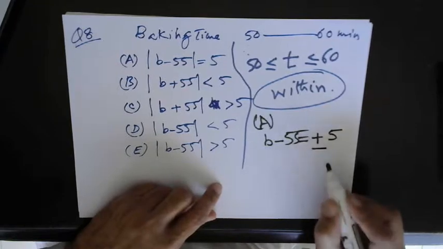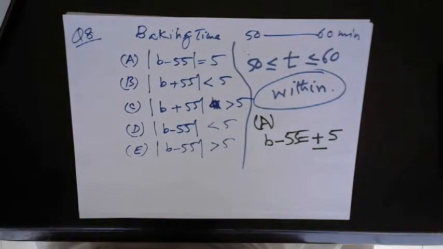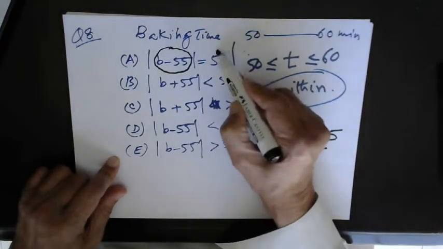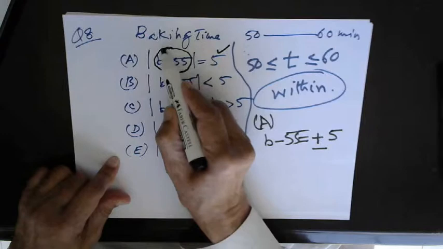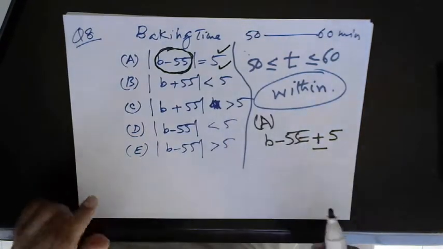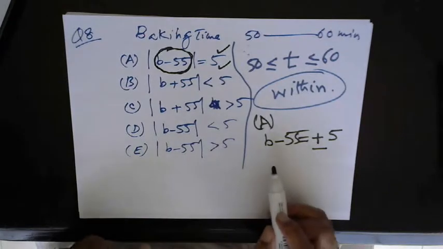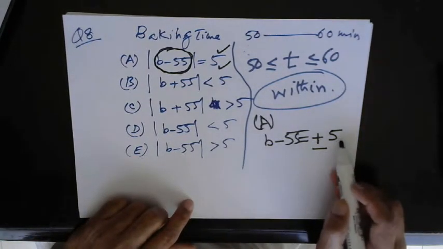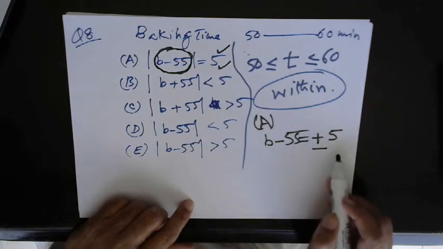It can also be equal to minus 5. Because if this quantity is 5, the magnitude is 5. And if this quantity is negative 5, still the magnitude is 5. So this is what it means. B minus 55 can be 5, it can be minus 5.